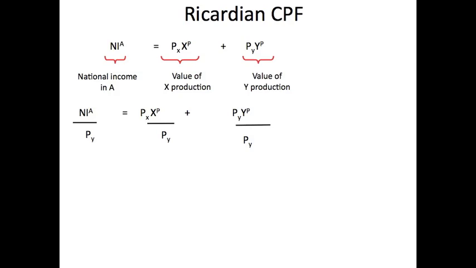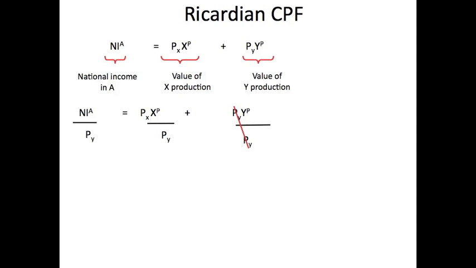So we can divide through by the price of Y across the equation, and then the price of Y will cancel out on the right-hand side. And so what we have here is an equation that can be used to depict national income on a graph.